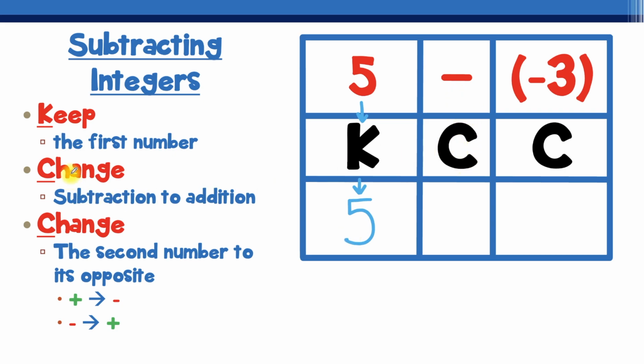This C stands for change, and we're changing subtraction into addition. So this minus will change to plus. And this negative 3 will change to its opposite. So the negative 3 will become positive 3. And we'll write that down here under C.